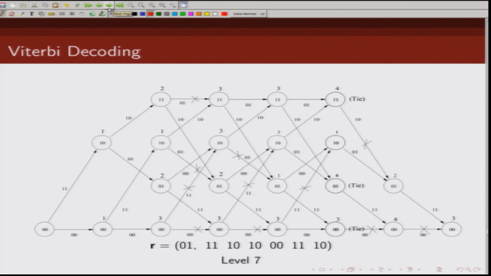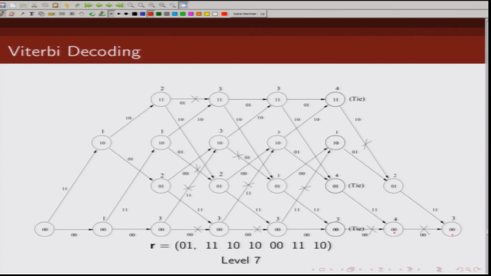As we know, after 5 bits, because tail bits are coming, the number of states are getting reduced. From 4 the number of states became 2 here, and then you have basically 1 state. Once you come to this point, there will be only one surviving path. Then you just need to backtrack to find out the transmitted code word.